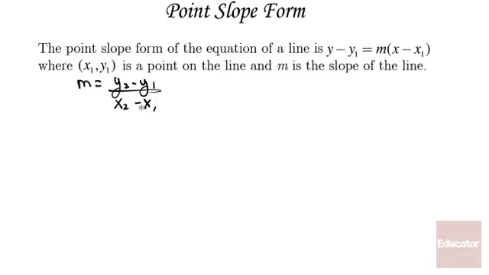So look at how you could manipulate this to be similar to this. If I said, okay, the slope is some point on the line minus a given point over some point on the line minus a given point. Now, I'm going to multiply both sides of the equation by x minus x1.